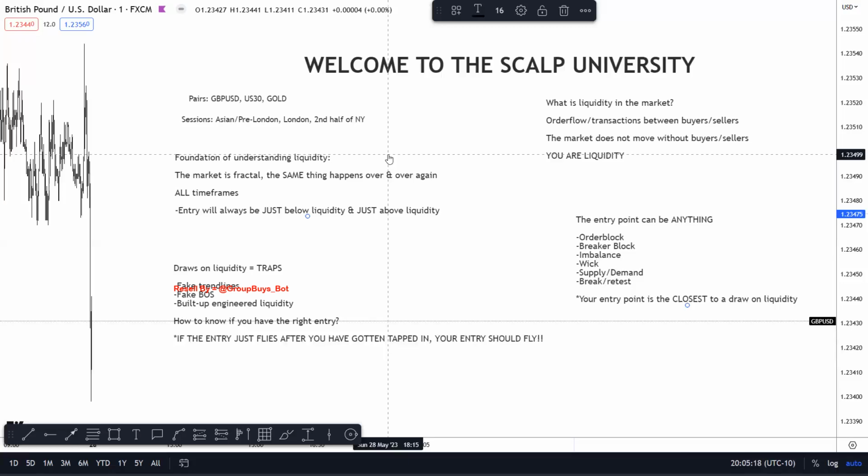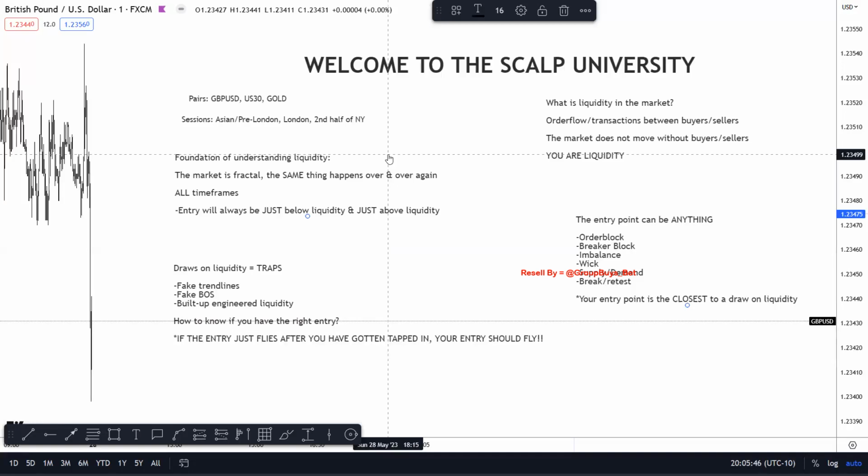And understanding entry points can be anything within the market, literally anything in the market. If you trade a certain concept, for example, if you are a trader that is very familiar with ICT concepts, then you would understand the basic terminology of where your entry points would be, versus somebody that does not trade ICT concepts.